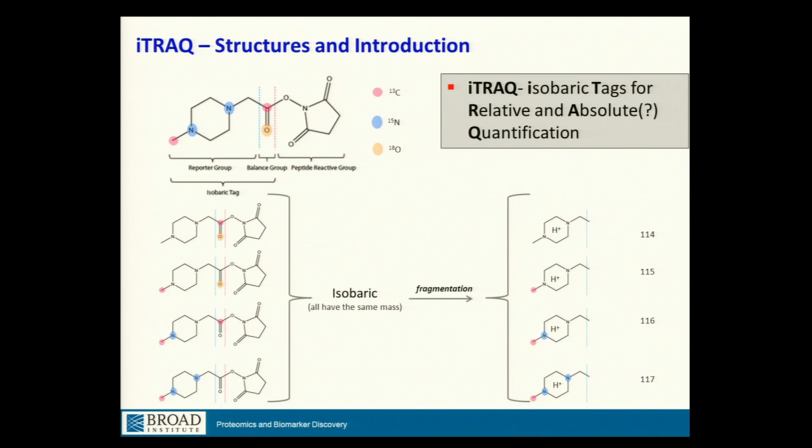We attach them onto peptides, I'll show you that in a minute. But when we fragment them, because this little part likes to fragment off, you can use this part to balance out, and you can get four different fragment ions based on four different formulations or positions of the stable isotopes in this iTRAQ reagent. And those happen to be m/z 114 through 117.